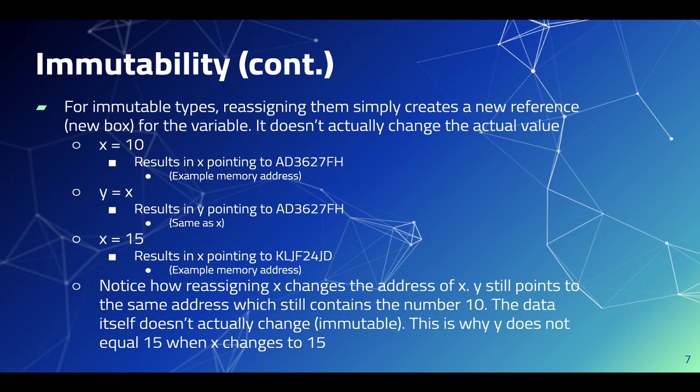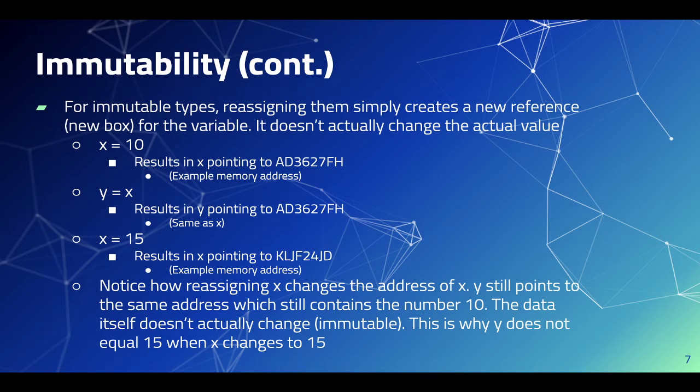So x does not hold 10, remember. x holds AD3627FH, and the value at that memory location is 10. So when we do y is equal to x, y also now holds the same reference, right? y holds AD3627FH, the same one as x.